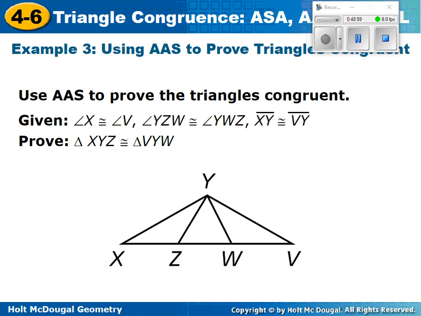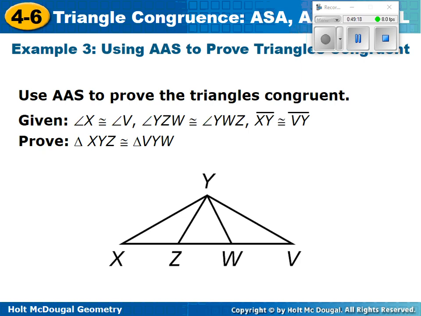Okay, so let's write down everything that Bryson and, was it Malachi? Malachi said. Malachi, sorry. Number 4. First thing Malachi said was we have a linear pair. So we have these 2 angles are a linear pair and these 2 angles are a linear pair. We need to start there. So I'm going to name those angles.